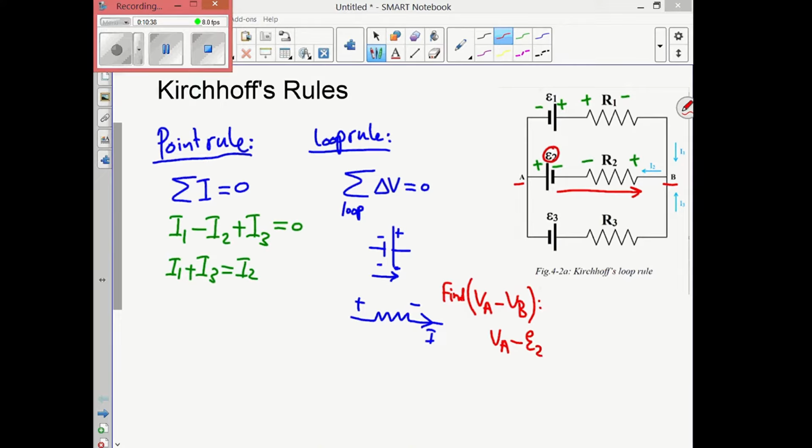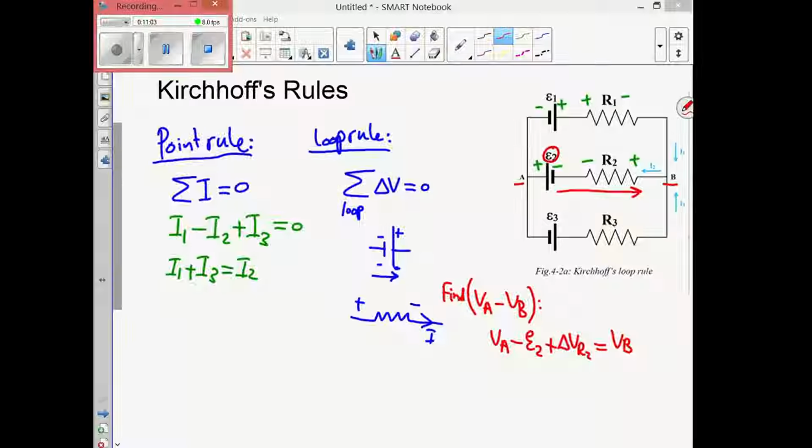The next item that I will see is going to be the resistor R2, and I'm moving from low potential to high potential. So this is an increase in potential of value delta V R2. And then after R2, I arrived at point B, so I'm going to stop and write down equals VB.